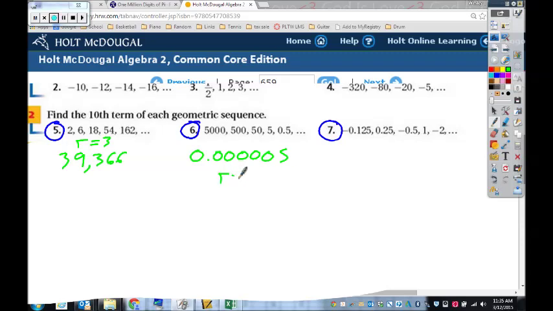And your r should have been either 1 over 10 or 0.1. And then for number 7, your answer was 64, and your r was just -2.